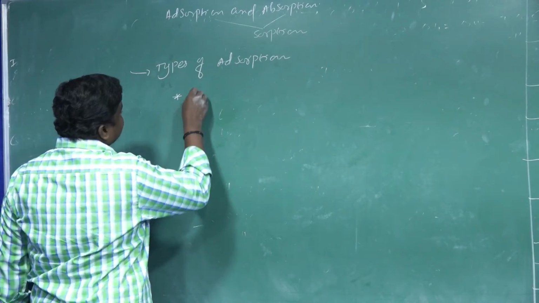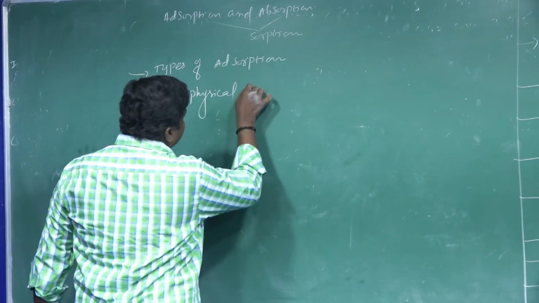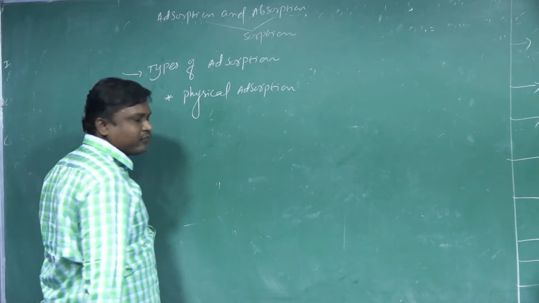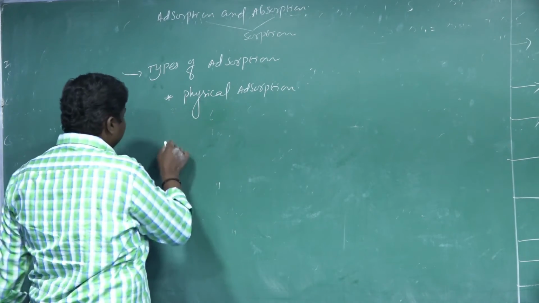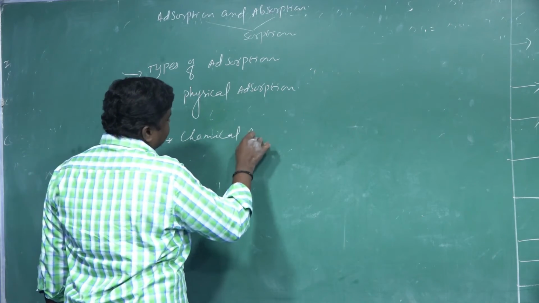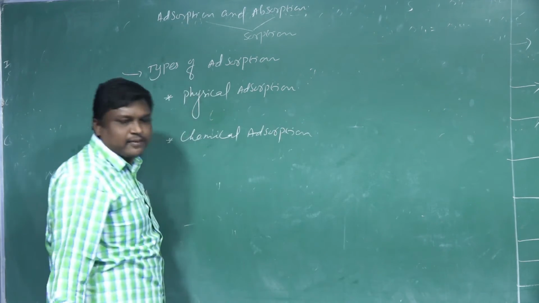First, number 1, physical adsorption or physisorption. Second, number 2, chemical adsorption or chemisorption.